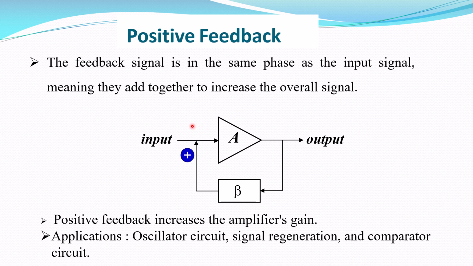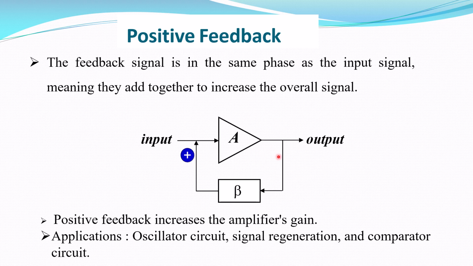So the positive feedback amplifier increases the overall gain of the amplifier. Here the positive sign represents the same phase. That means after feeding the input to the feedback block, the circuit maintains the same phase value, that is 360 degrees.